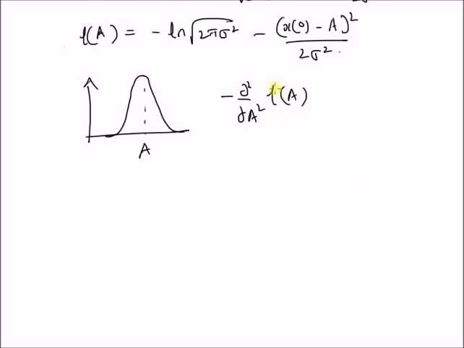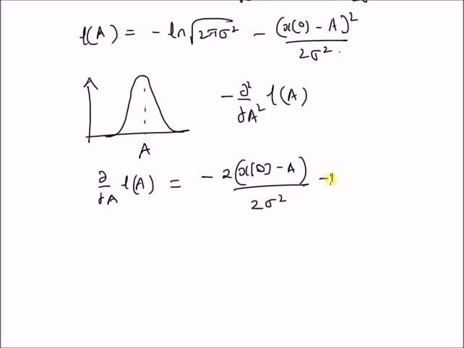So we can determine this value by first determining the first derivative of the log likelihood function, which is equal to the derivative of the logarithm of (2 pi sigma squared) to the power 1 by 2, which is 0, with respect to A, and this is minus 2 (x[0] minus A) divided by 2 sigma squared times minus 1.